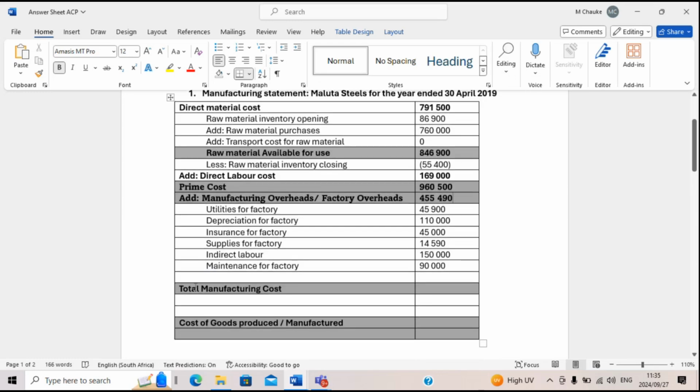And then after that, we need to calculate the total manufacturing cost. Your total manufacturing cost is going to be our prime cost plus our manufacturing overheads, right?